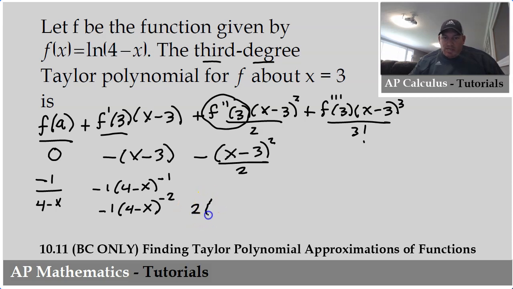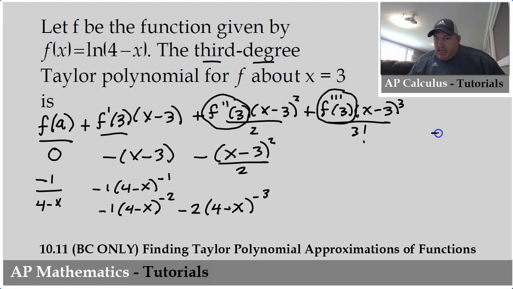Now we have to take the third derivative, and so I bring down my negative 2, multiply by negative 1 and get a 2 times 4 minus x raised to the negative 3, multiply by a negative again because of the chain rule. And when I put 3 in again, I get 1 to the negative 3, which is 1, and therefore I get a negative 2 as my third derivative. So this value here is negative 2.